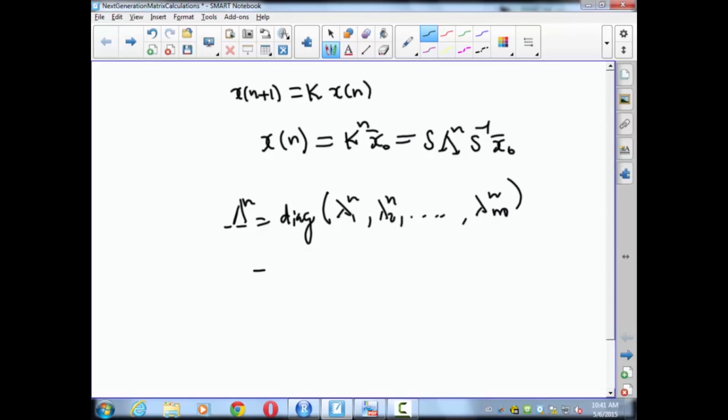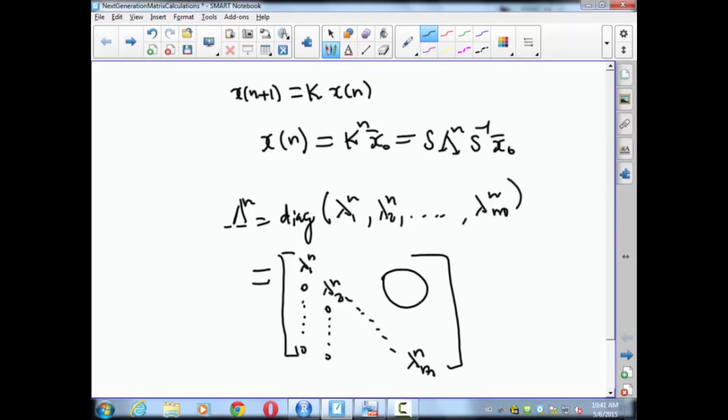In other words, this matrix looks like lambda 1 to the n, then zeros, then lambda 2 to the n, and so on across the diagonal, until the entry mm, which is lambda m raised to the nth power, with all zeros above and below the main diagonal. That's what lambda to the n looks like.